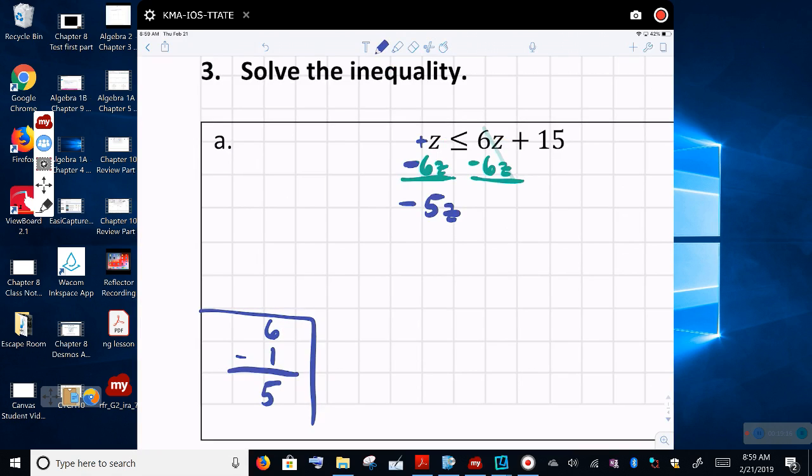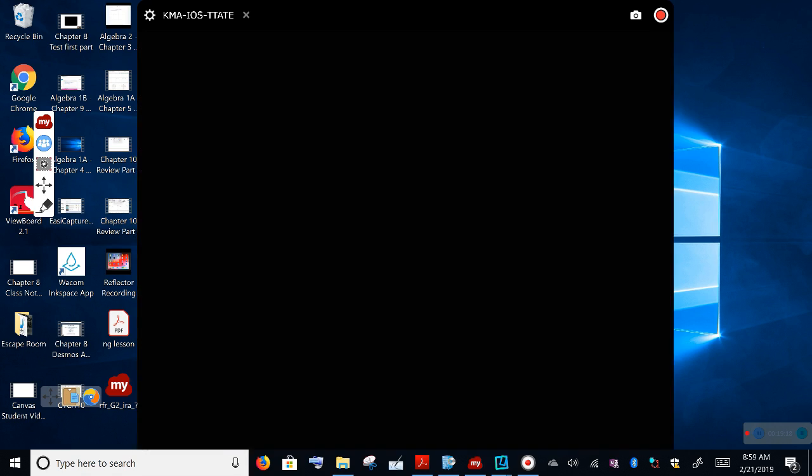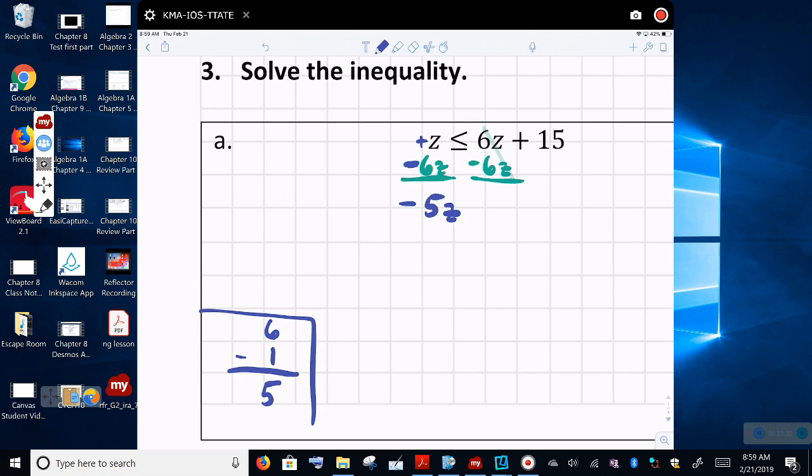And then, do I need to change the direction of the sign? No, because I'm not dividing or multiplying by a negative number, so this is still less than or equal to, and then 15. Okay?